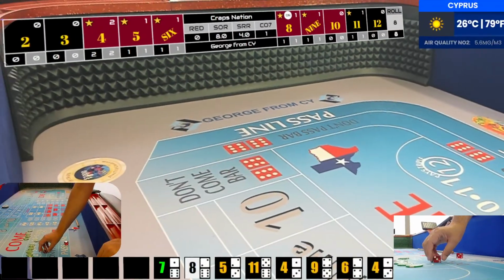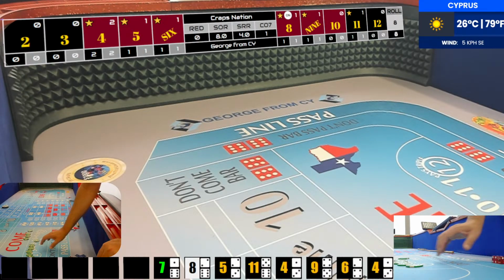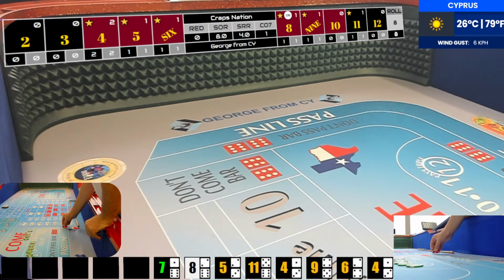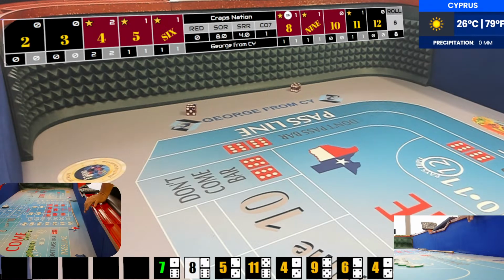And the last set is a 5, 6, 5, 3. There's that. That's a 6, 5, secondary.